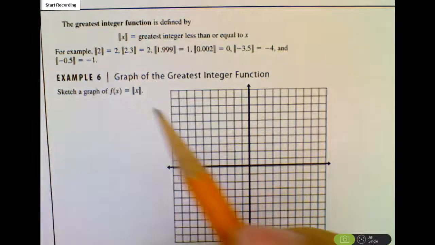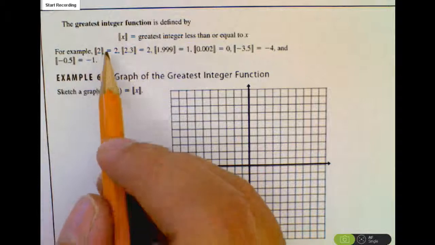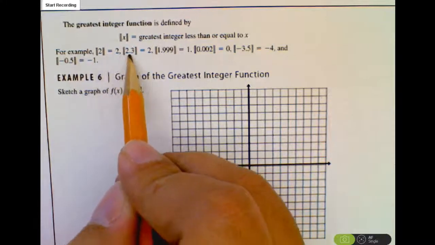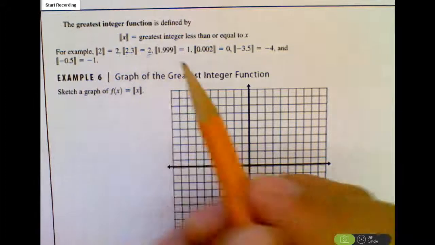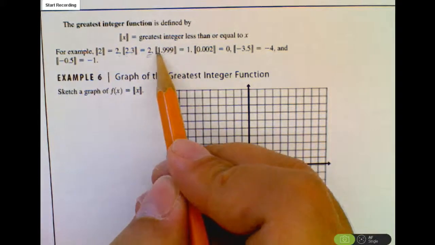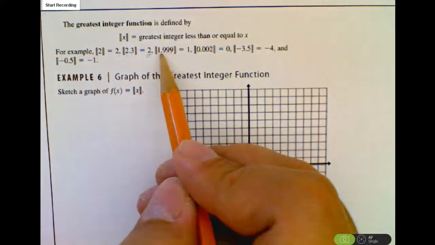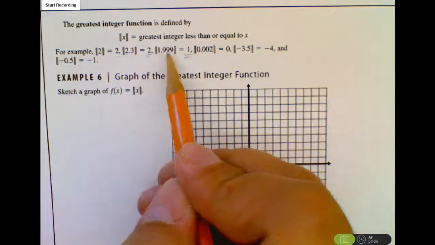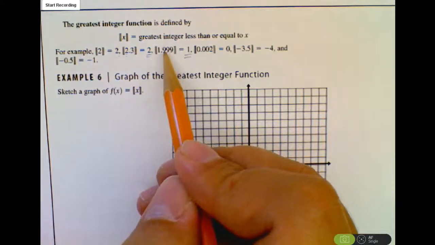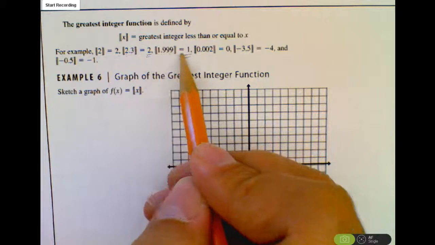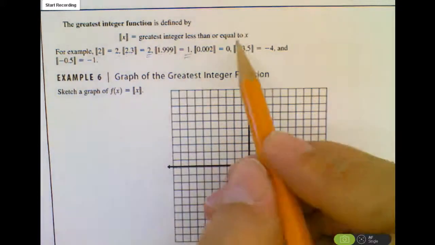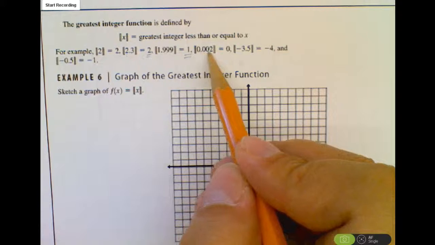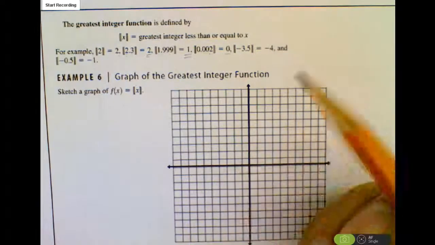So on your slide, you have the greatest integer of 2 is 2, greatest integer of 2.3, that's only the number 2. Even if the number is very close to 2, 1.9999, still the greatest integer is 1, because this is not quite 2. So 2 is still bigger than this number, so the greatest integer is only 1. This number is definitely a little bit bigger than 0, but it's not quite 1, so the greatest integer is 0.